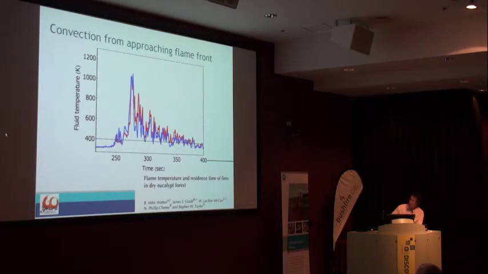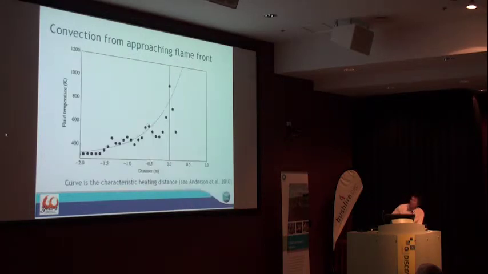Now, if we know the rate of spread, we can transform this time into a distance from the fire, and that's what we did. Zero, let's say, is the location of a fuel particle, and as the fire approaches, the temperature is increasing until it reaches the fuel particle.